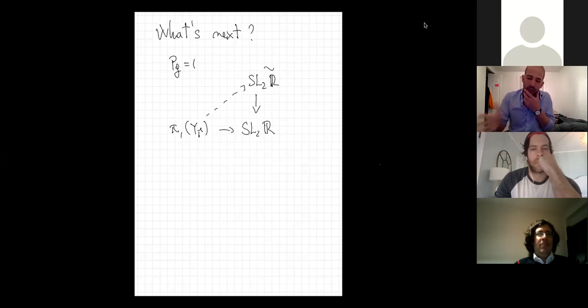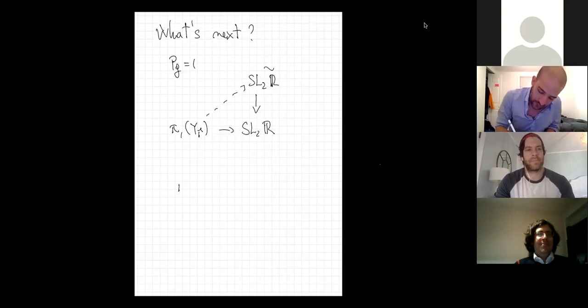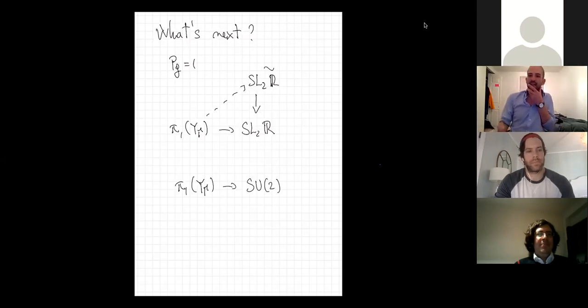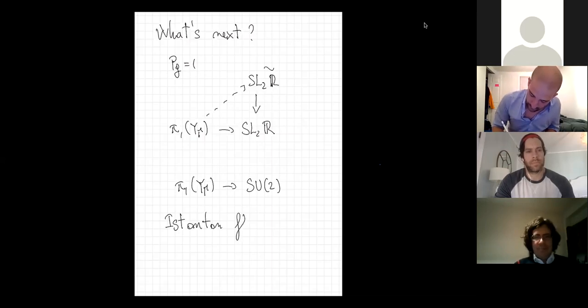So somehow you can lower your ambition a little bit and search for non-trivial representations in SU2. Okay, and these are connected to the instanton picture, so to instanton Floer homology.